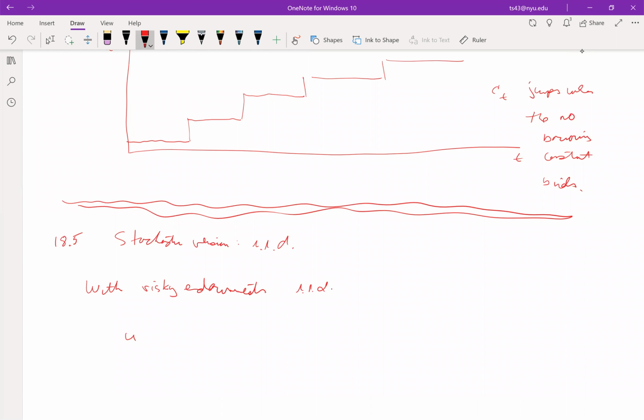The first order optimum conditions for that maximum problem are going to be this restriction. So we're going to have no borrowing constraint.